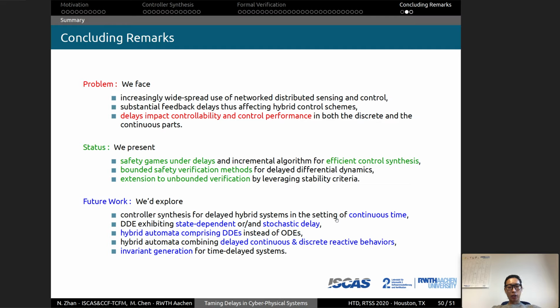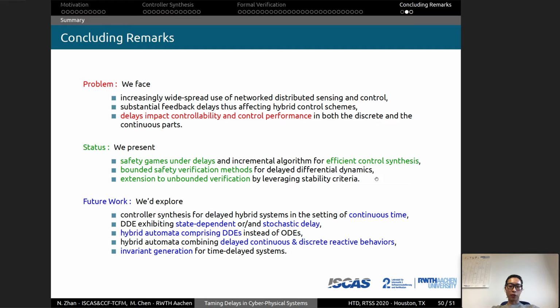What we have presented in this tutorial includes safety games, which is a model for delayed interaction for a controller with its environment, and on top of that, an incremental algorithm for efficient controller synthesis. And later on, I introduced the bounded safety verification methods for delayed differential dynamics, and we extended them to unbounded verification by incorporating some stability criteria.